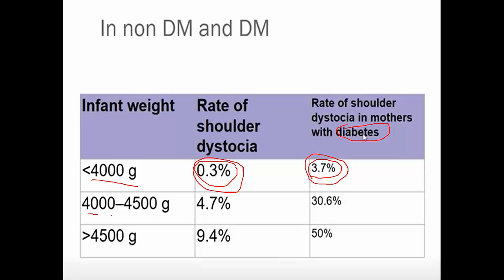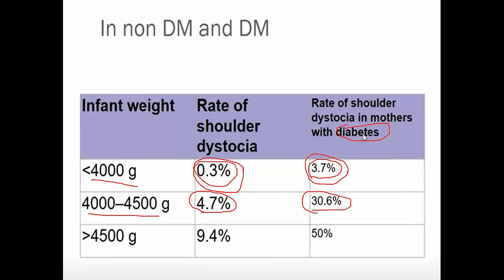If the infant weight is between 4 to 4.5 kilograms, the rate of shoulder dystocia is about 4.7% in non-diabetic and about 30.6% in diabetic women.